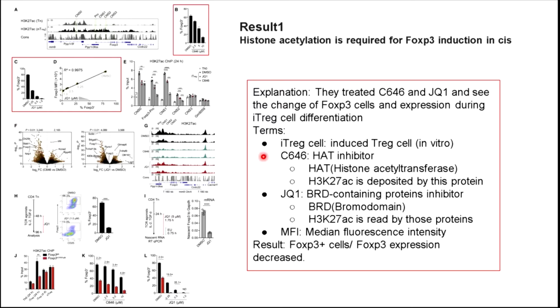C646 and JQ1 suppress histone acetylation pathway, and after blocking the histone acetylation by them, the number of Foxp3 expressing cell decreased. And figure D, the Foxp3 expression also decreased, which has high correlation with Foxp3 expressing cell ratio.